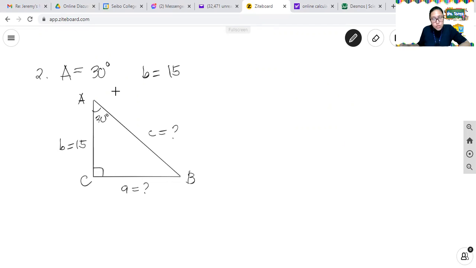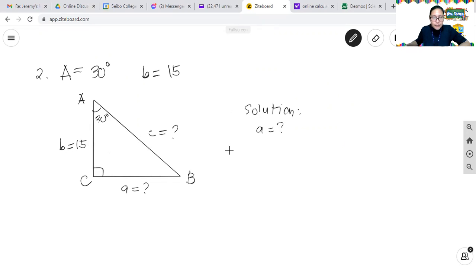But we can use a trigonometric function to find a certain side. So for example, we want to solve for side A. Then we can use a trigonometric function using angle A, 30 degrees, and B, 15.